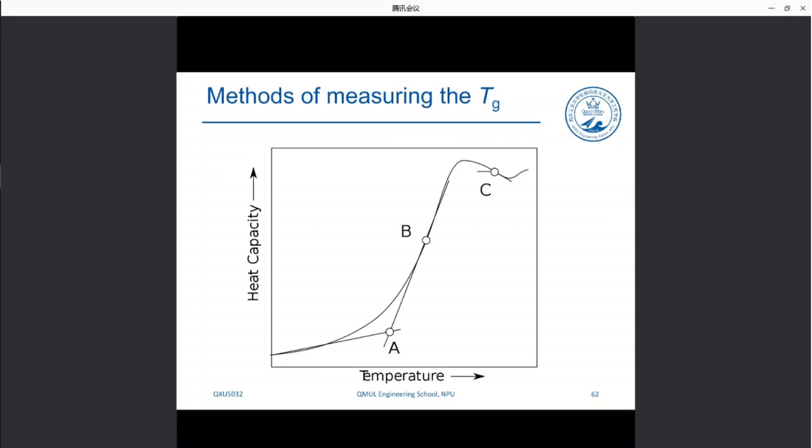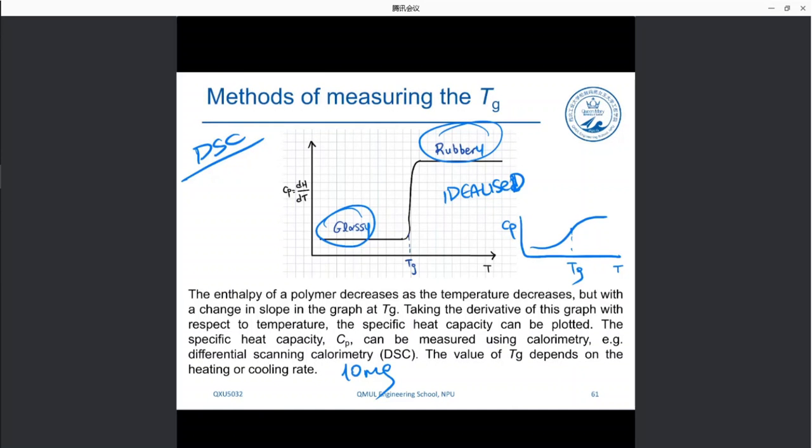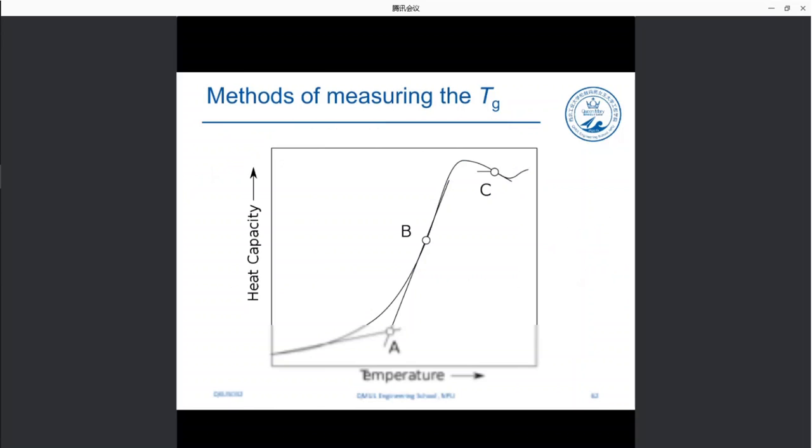I just used this slide in order to point you to a non-idealized situation. This is a normal situation where essentially this is a glass transition here. Okay, these values here and here: this is considered the onset, and this is considered the endset of the glass transition temperature.